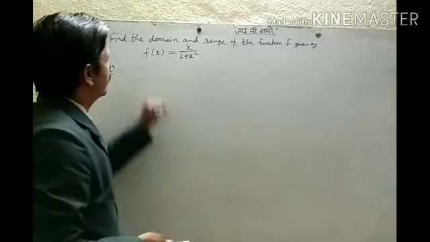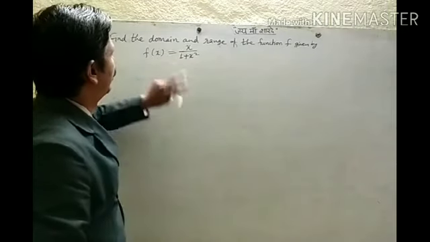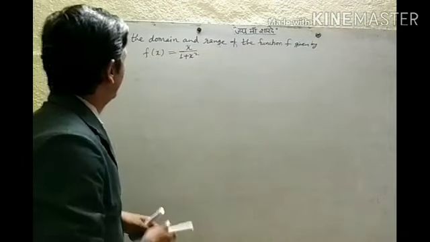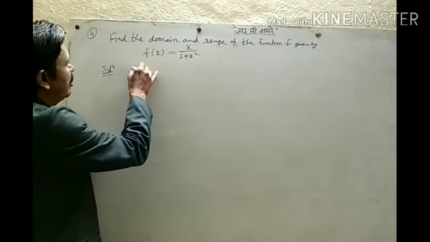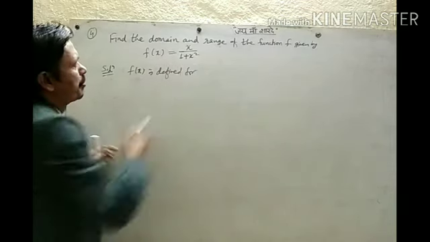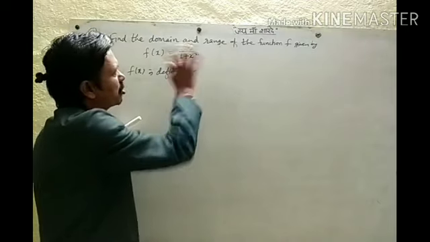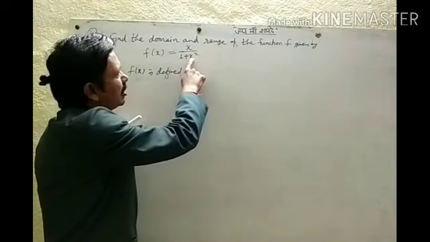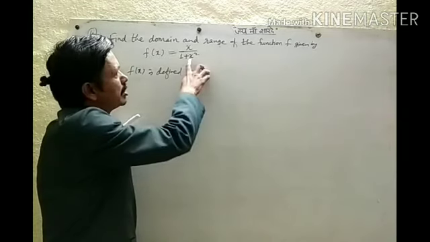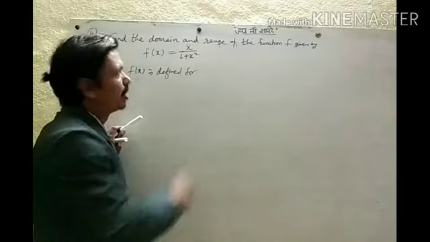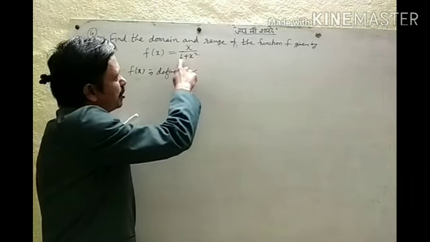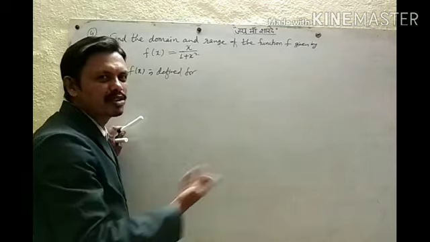Now, the question is again to find the domain and range for the function f(x) equal to x upon 1 plus x square. So f(x) is defined for, see, your denominator is 1 plus x square, and the value of x square for any x will always be non-negative. So it is positive, and positive cannot be 0.